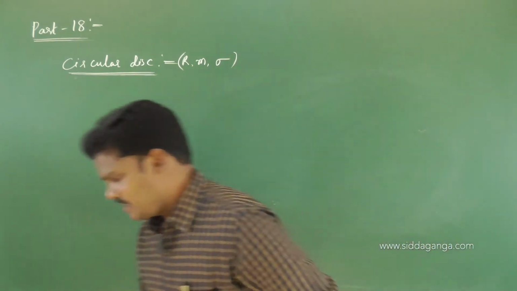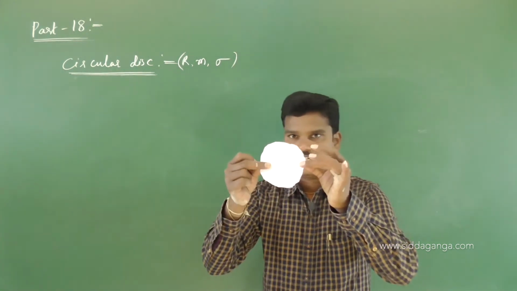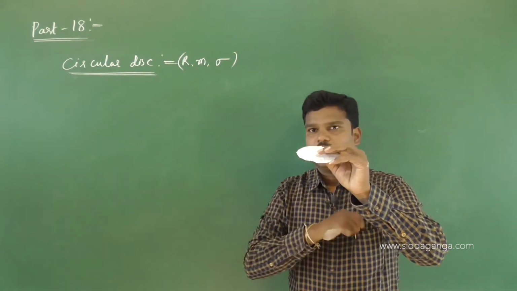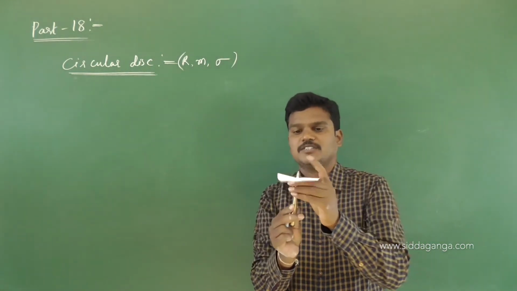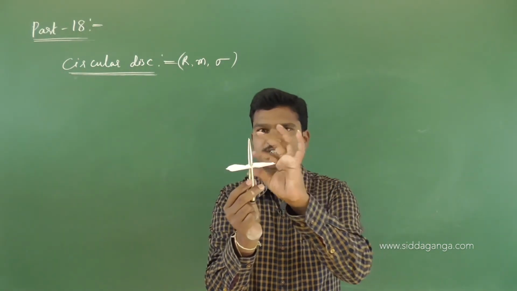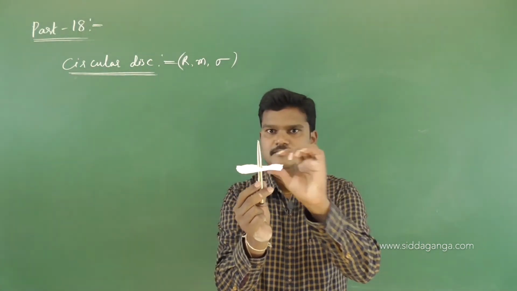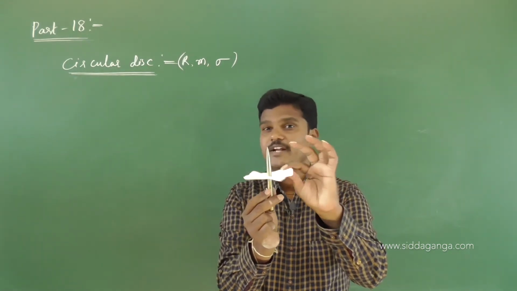Now let us see the disc. Let us feel this is the disc. Now first one, axis passing through center. If the disc is rotating like this, axis passing through center and perpendicular to the plane of the disc.